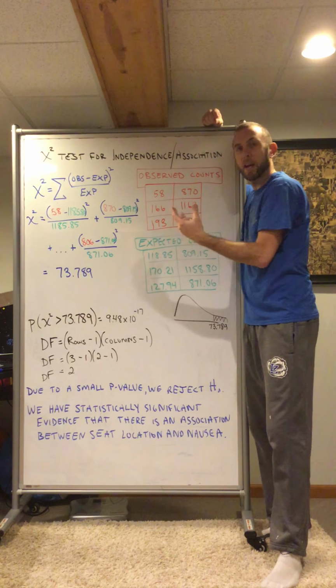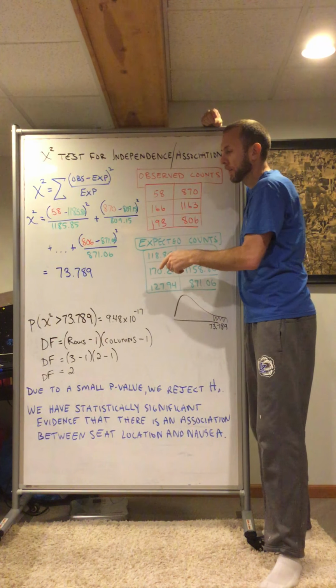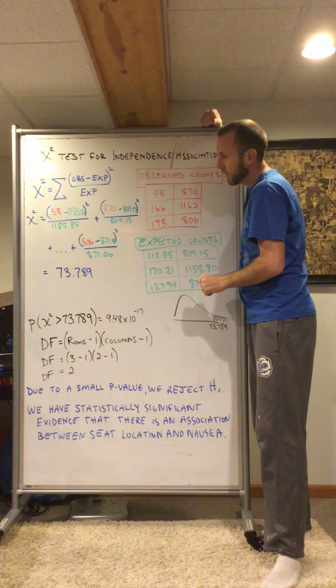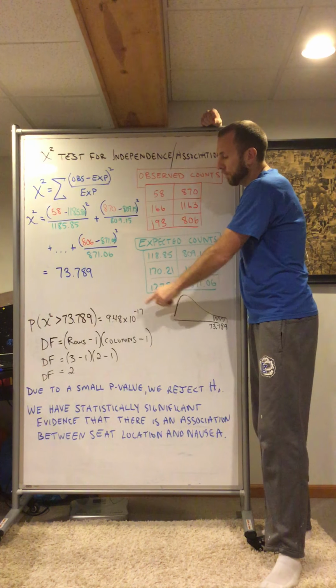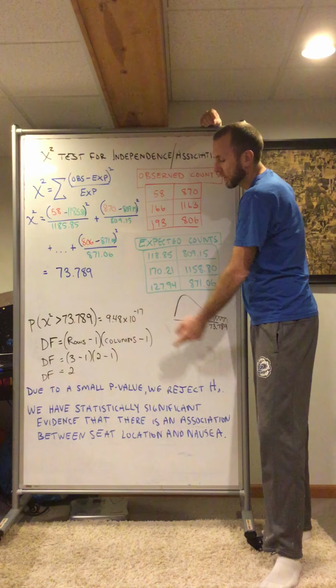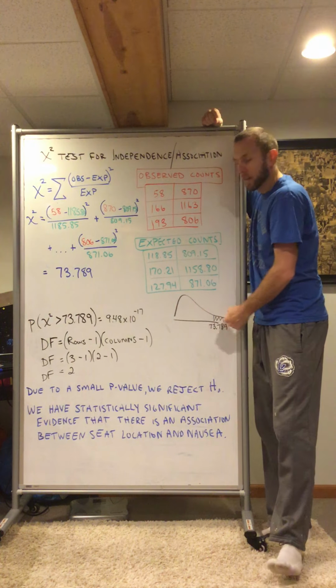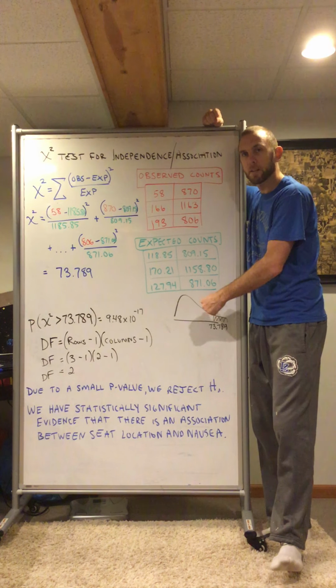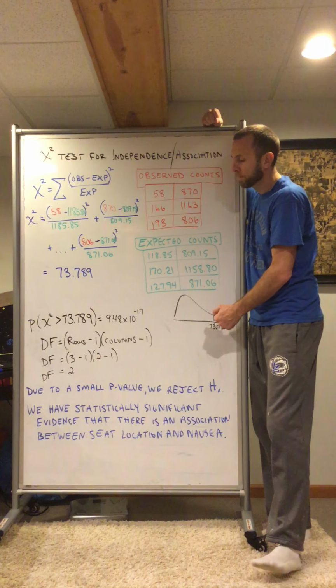And again, that's what the calculator spit out when you ran it on your calculator. Most likely you're just going to let your calculator do the work for you. The p-value, you also saw the p-value that your calculator gave was this 9.48 times 10 to the negative 17. Again, you have this skew to right distribution. We're always finding the area to the right of the test statistic.